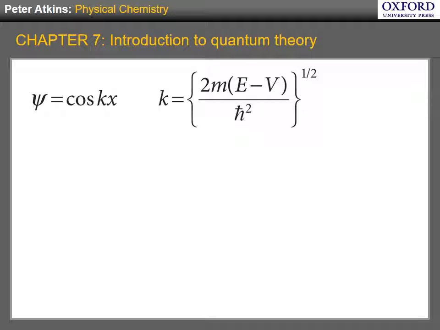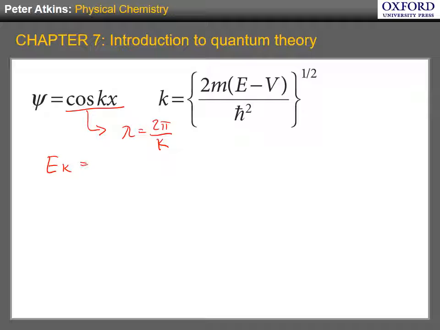So we have our cosine kx, which we know is now a wave of wavelength lambda, which is 2 pi divided by k. This comes from the solutions of the quantum mechanics. So we know this now. Now let's go back to the basic physics.